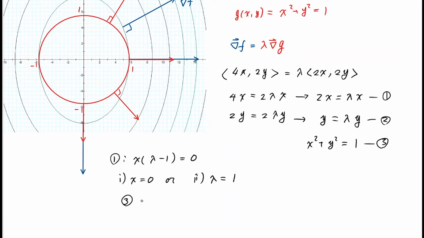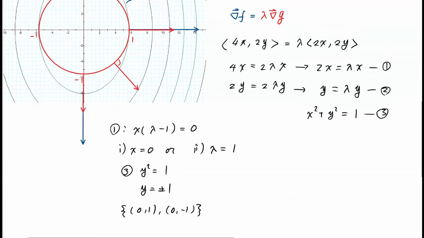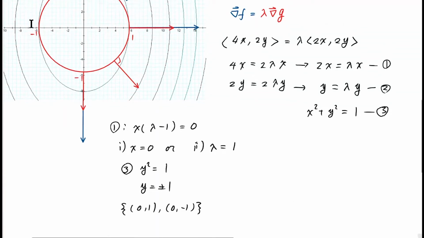Equation 3 then gives us y squared is equal to 1. You know what I'm saying? If x is equal to 0, so y is equal to plus or minus 1. You get it? Which gives us two coordinates, which are (0, 1) and (0, negative 1). Remember these two? Which is right here and right there, right? So it gives us exactly what we want to have.